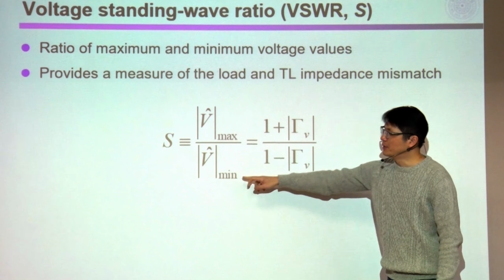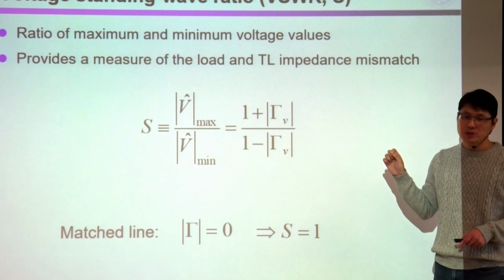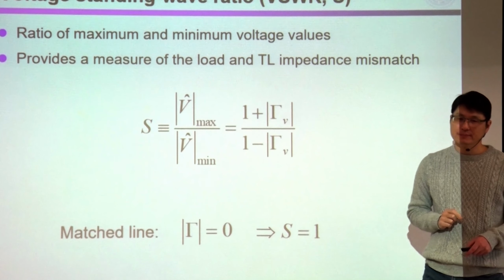But in practice, it's very difficult, right? So maybe you can buy some transmission line with spec S equals 1.2, which is already great. So in the worst scenario, if the transmission line is shorted or opened, what would the voltage standing wave ratio be?